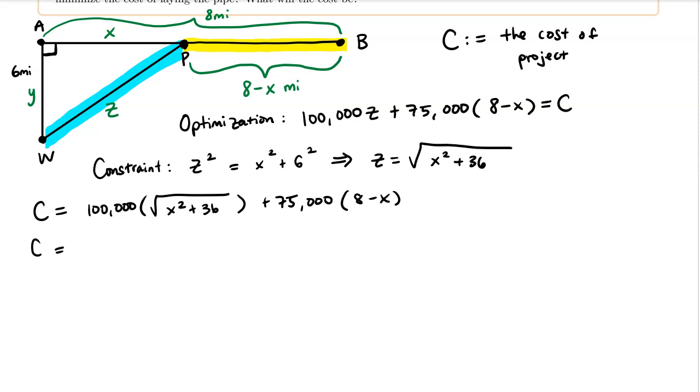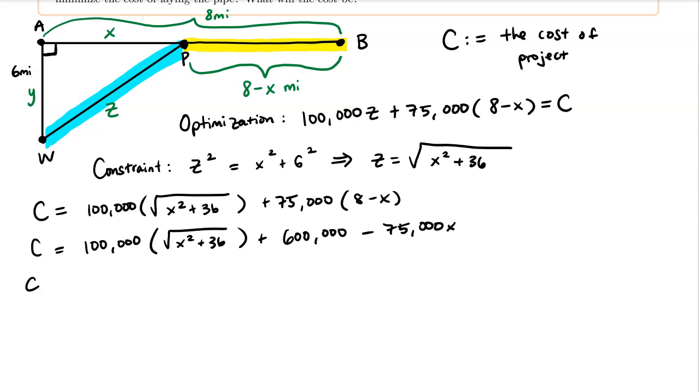So I get the cost function is equal to 100,000 times the square root of x squared plus 36, plus 75,000 times 8, which is 600,000, minus 75,000 x.